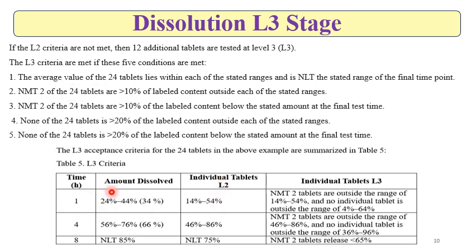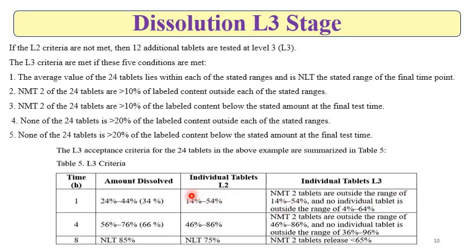See here, I have given the individual amount dissolved for the L1, L2 and L3 stages. For your easy understanding, your L1 criteria was 24 to 44, L2 criteria became 14 to 54. Then at L3 it became not more than 2 tablets outside the range of 14 to 54.